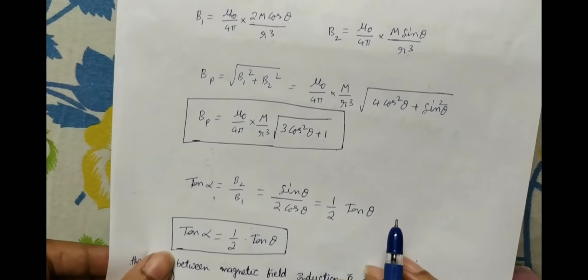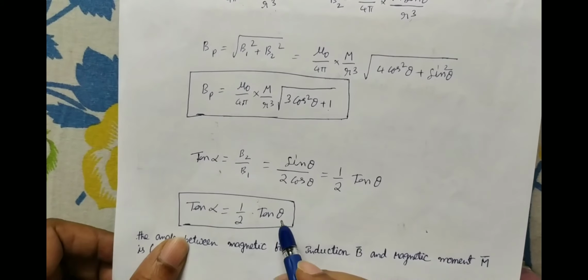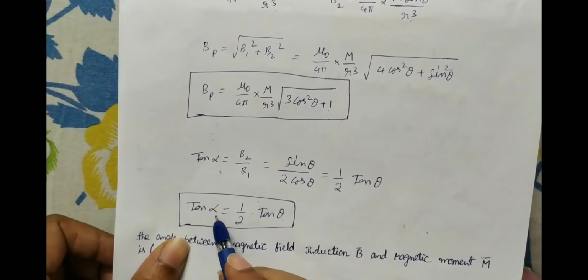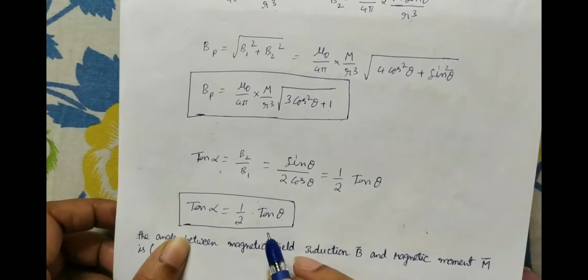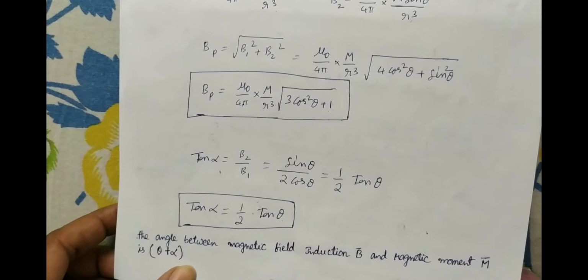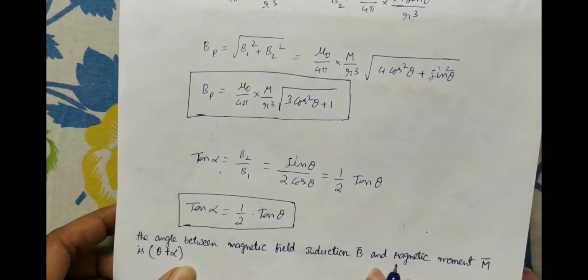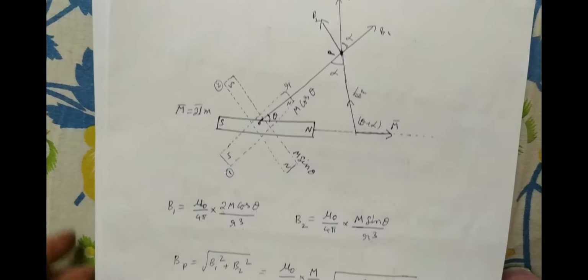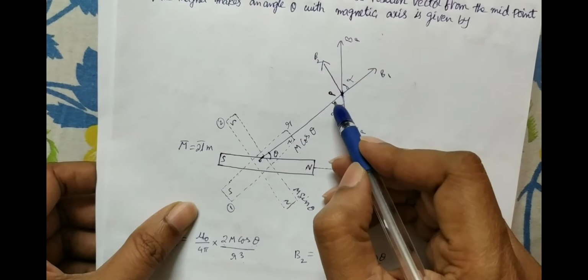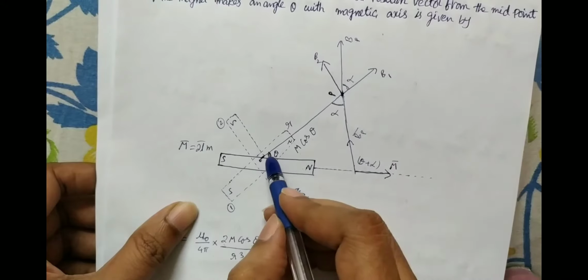That is the relation between the angle made by the position vector with magnetic moment and the angle the resultant field makes with respect to position vector. Now sometimes they can ask what is the angle between magnetic field induction B bar and magnetic moment M bar. See that here the resultant field makes an angle alpha, here opposite angle also alpha, and this angle is theta.